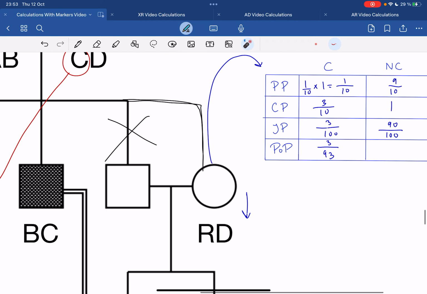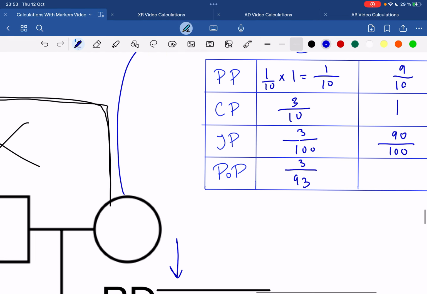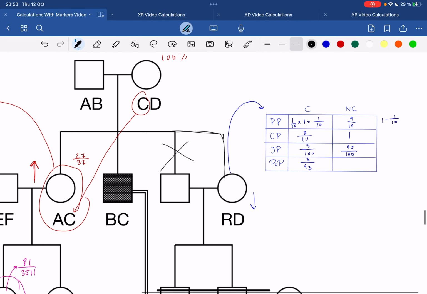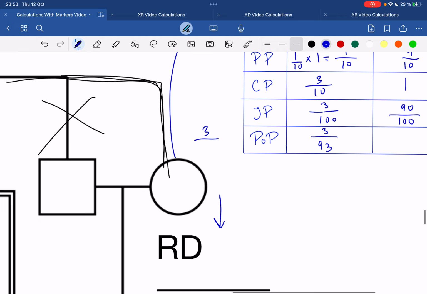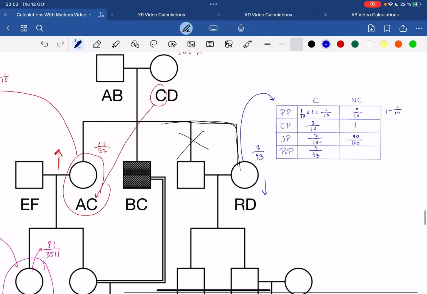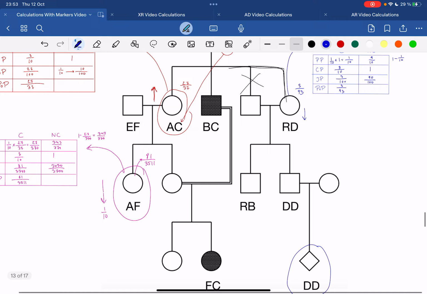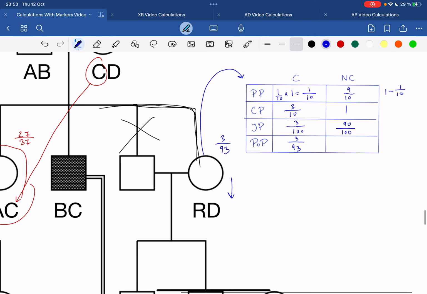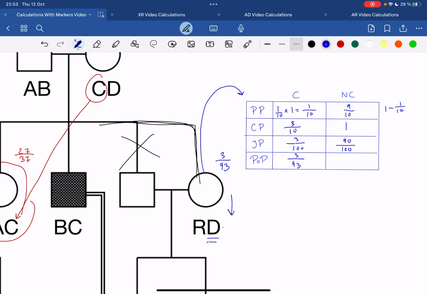So the chance for this mother to be a carrier, not affected, would be 3 over 93. So we assume in that case that the D is the new pathogenic marker.